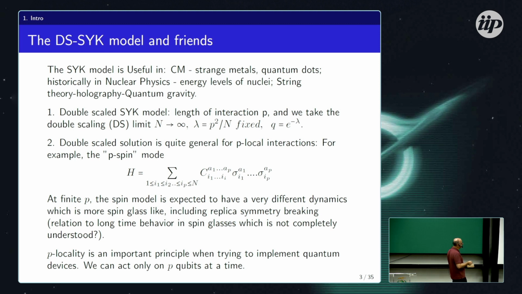If you're familiar with this long time behavior discussion in spin glasses, it also tells you that maybe that long time spin glass behavior in an appropriate large P limit goes over to something like a Schwarzian or a generalization of the Schwarzian. So it would be interesting to see if all of those are some controlled deformation of the Schwarzian. So can you do a 1 over P expansion after you've taken the double scale limit?